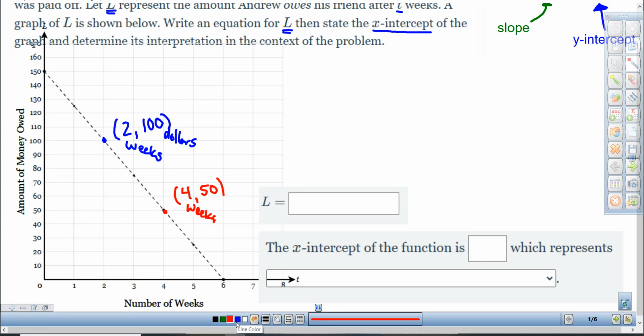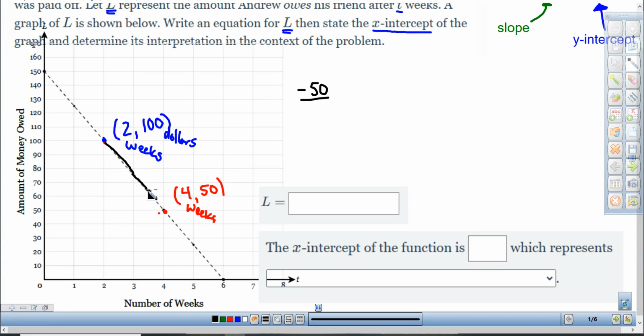And so we can answer questions about this now that we've talked about 2 different spots, because he owed $100, and if we were talking about the change in the amount that he owed, it would have gone from 100 down to 50, which means he's changing his debt by 50, subtracting 50, right? But that didn't happen in just 1 week.